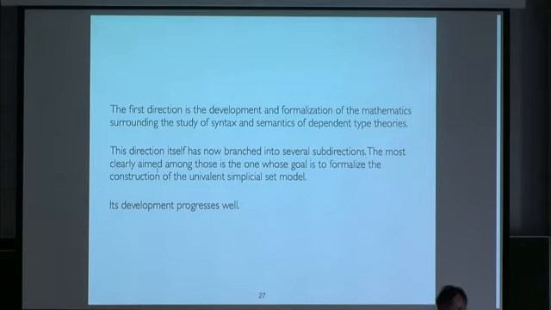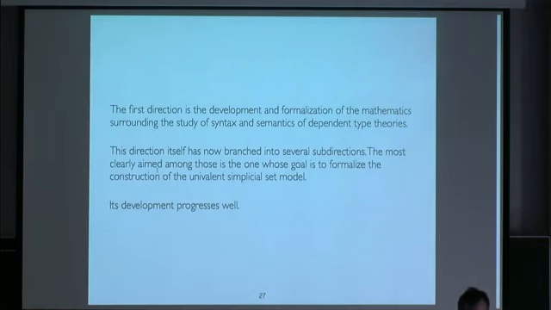The first direction is the one on which I ended my presentation about the present. It's the direction of the development and formalization of the mathematics surrounding the study of syntax and semantics of dependent types. It now branched into several sub-directions.